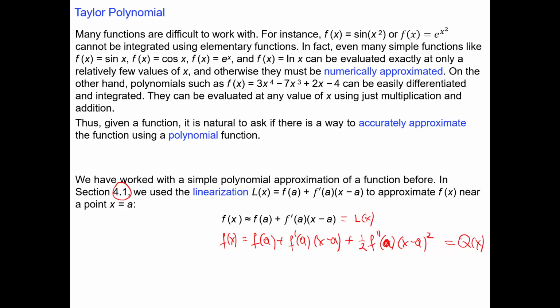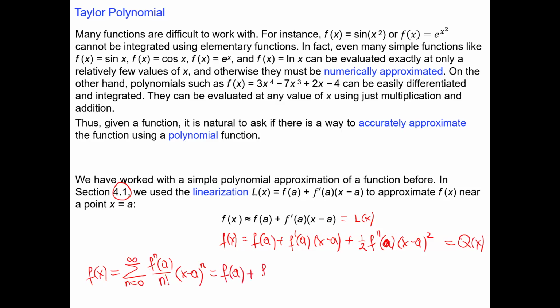And of course, in general, when we have a function and its Taylor series representation, this is the formula: nth derivative at a over n factorial, times x minus a to the power of n. Let's expand this. If n is 0, this is f of a.